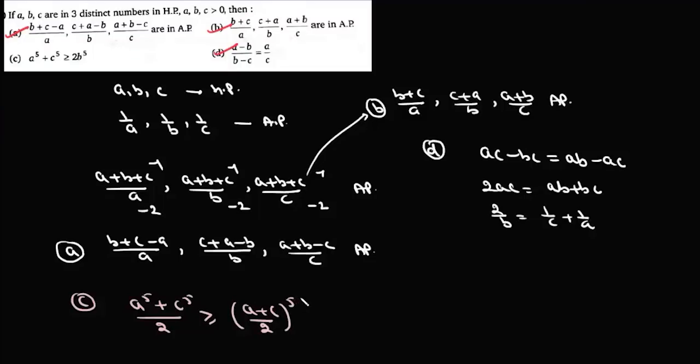So this is greater than or equal to A plus C upon 2 to the power 5, which is arithmetic mean of A and C. So this is A to the power 5, and arithmetic mean is always greater than or equal to their harmonic mean. So that means it is always greater than or equal to B to the power 5. So from here we can say A to the power 5 plus C to the power 5 is always greater than or equal to B to the power 5. That means this option C is also correct. So the correct options are A, B, C, D.